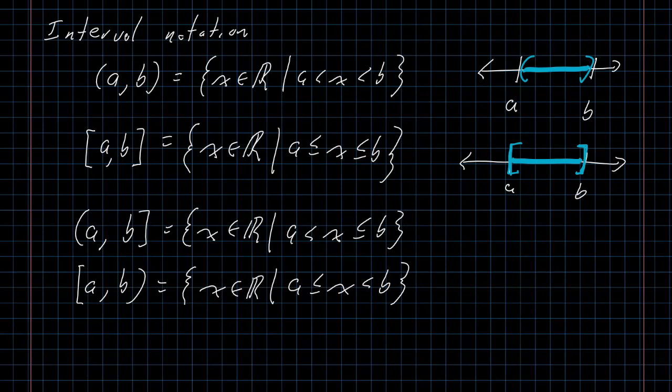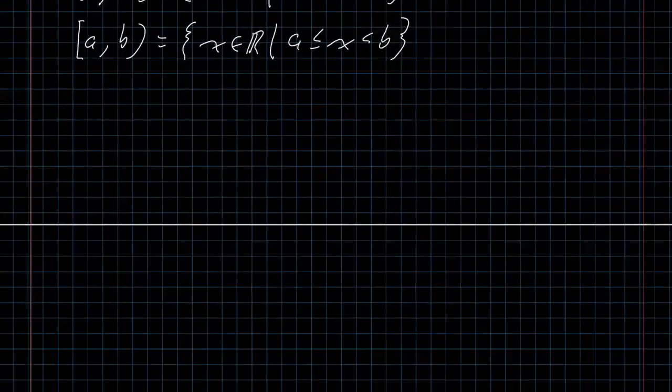But there's no reason that we can only use interval notation for a bounded interval. Most of the time when you're solving an inequality, you're going to end up with something that just has one side bounded. X is greater than or equal to 5. If I try to graph this inequality on a number line, I will start at 5.